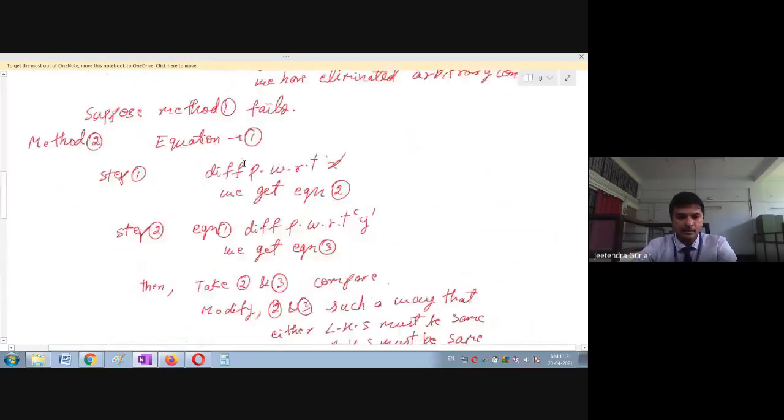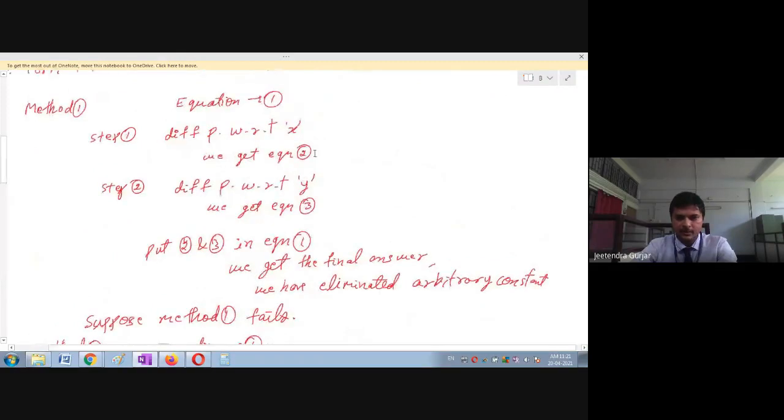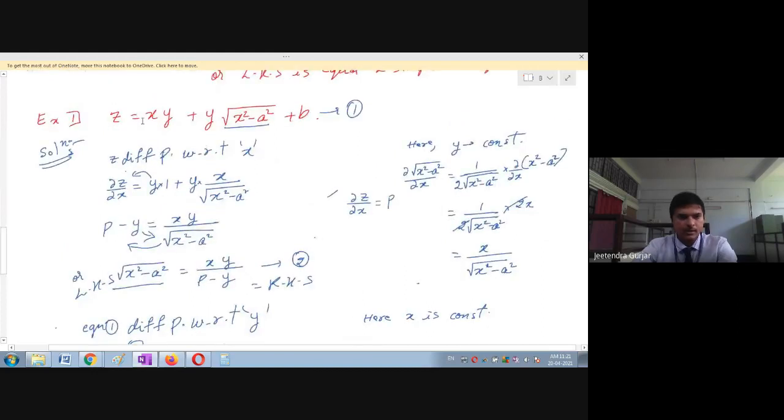As we did in method 1, differentiating partially with respect to x, and differentiating partially with respect to y, we get equations 2 and 3. But when we substitute equations 2 and 3 in this example, we are not able to eliminate this b. I have tried twice, but it was not easy to eliminate b directly.